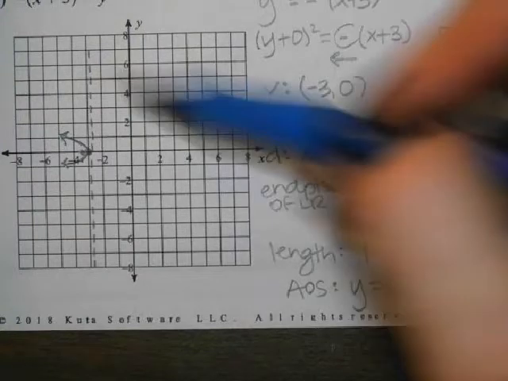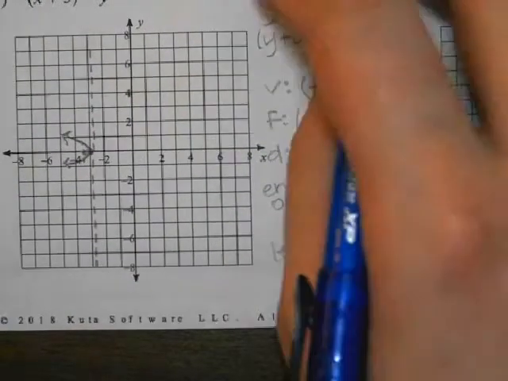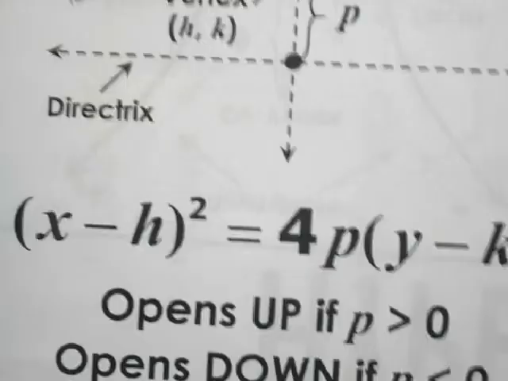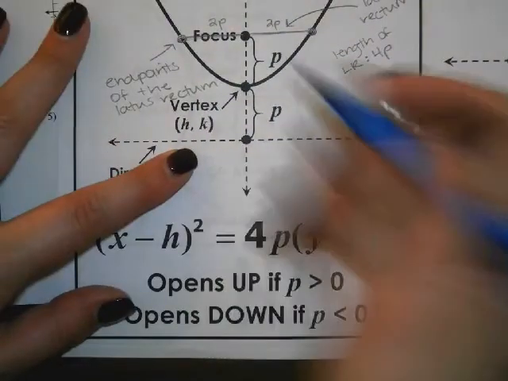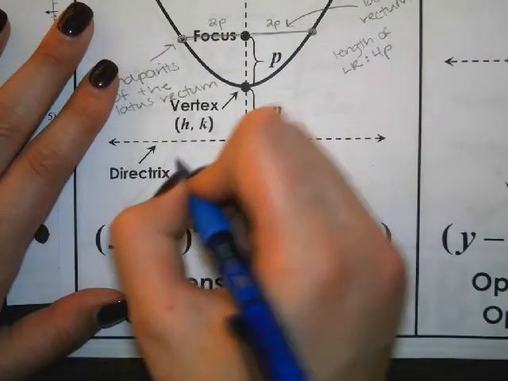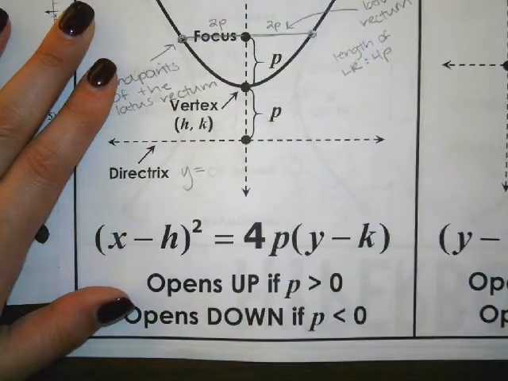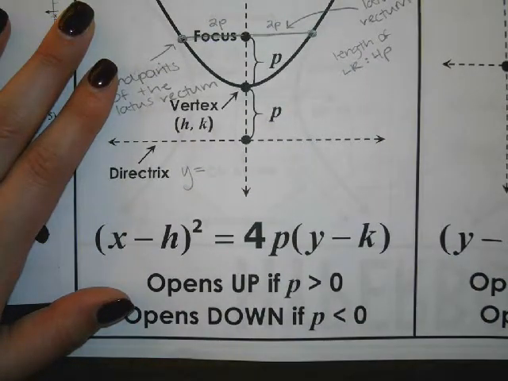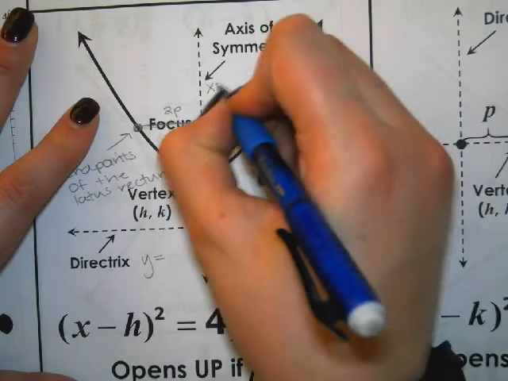X equals, because it was a vertical line. Yeah, that might be good, let's add that to our notes. So here's our picture, right? Our directrix here would be y equals something, because that's a horizontal line. And for this one, our axis of symmetry would be an x equals equation.